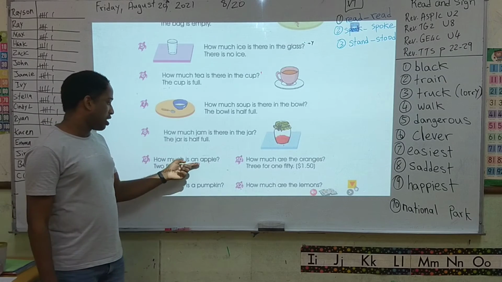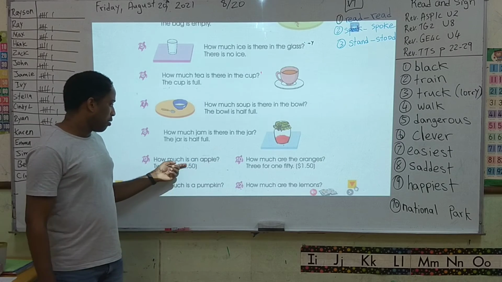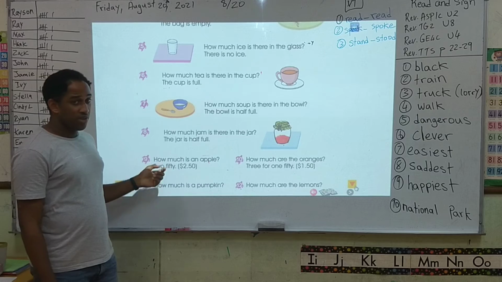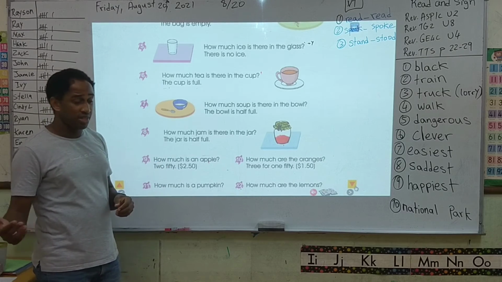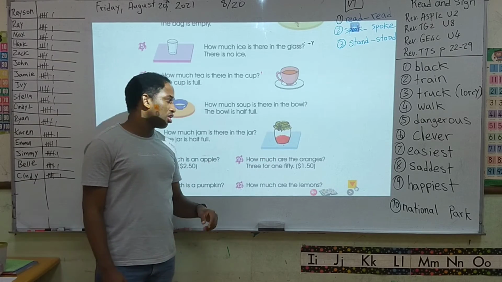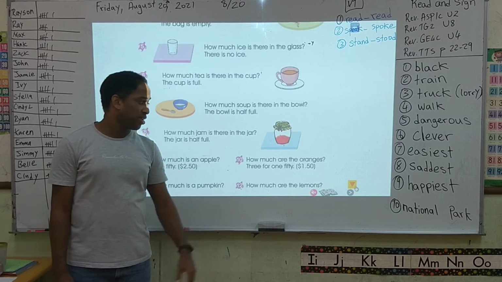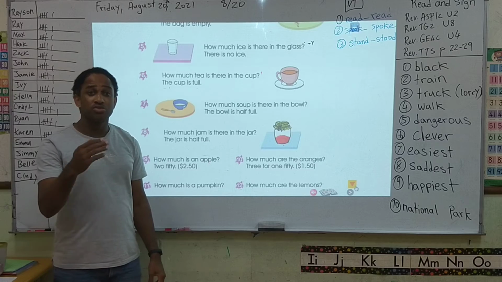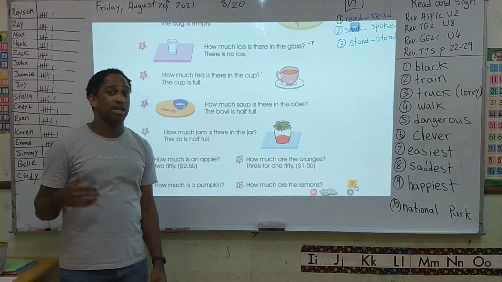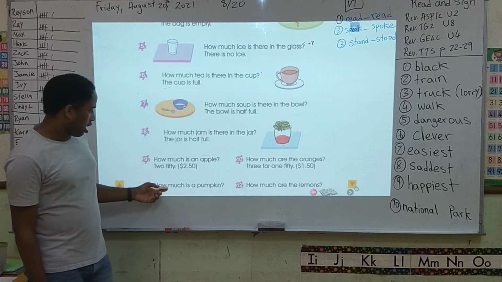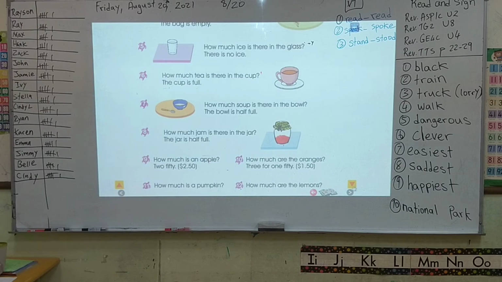How much is an apple? $2.50. How much are the oranges? 3 oranges for $1.50. Good.